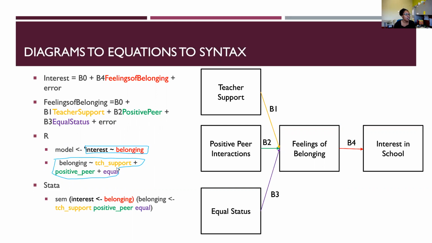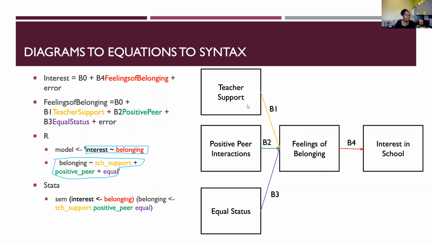And that's all you need to do, because since this is a mediation model, we're assuming that everything about teacher support, positive, peer, and equal status that might be related to interest in school first predicts belonging. So belonging explains all of the variation in teacher support and interest. If you don't remember mediation, you will get to that again, but if you feel a bit uncomfortable with that statement, you might want to look back at your Quant 2 notes.